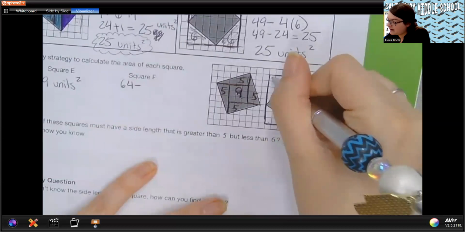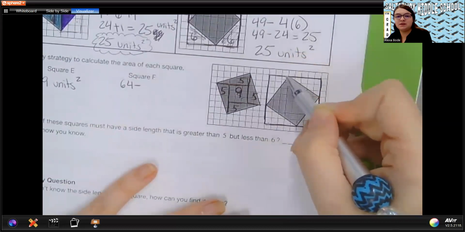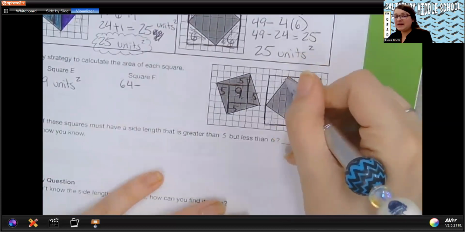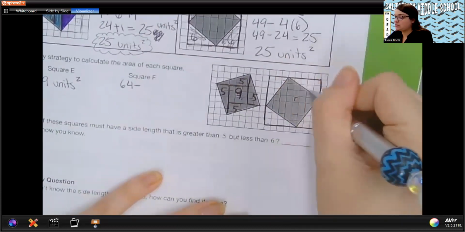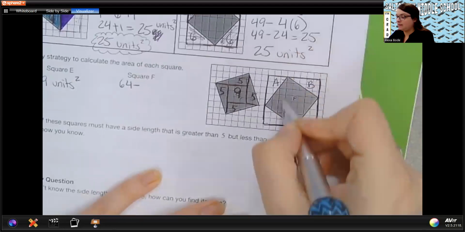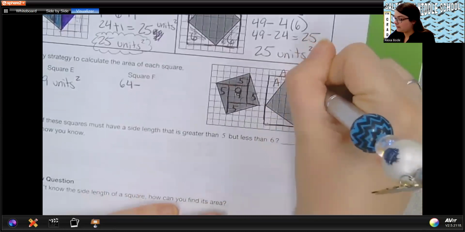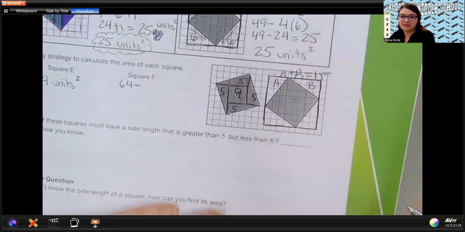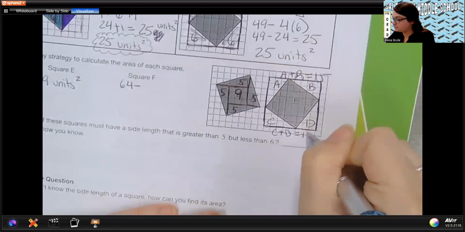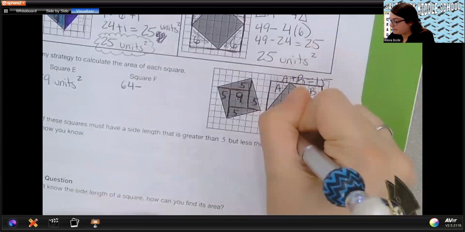1, 2, 3, 4, 5 times 1, 2, 3. 5 times 3 is 15. 15 divided by 2 is 7.5. To make it easier, remember I said that you guys can just make both like two triangles together. So A plus B is going to be equal to the 5 times 3. So 15. That might be confusing. And then C plus D is 15. Because A, B, C, and D are all equal to 7.5.